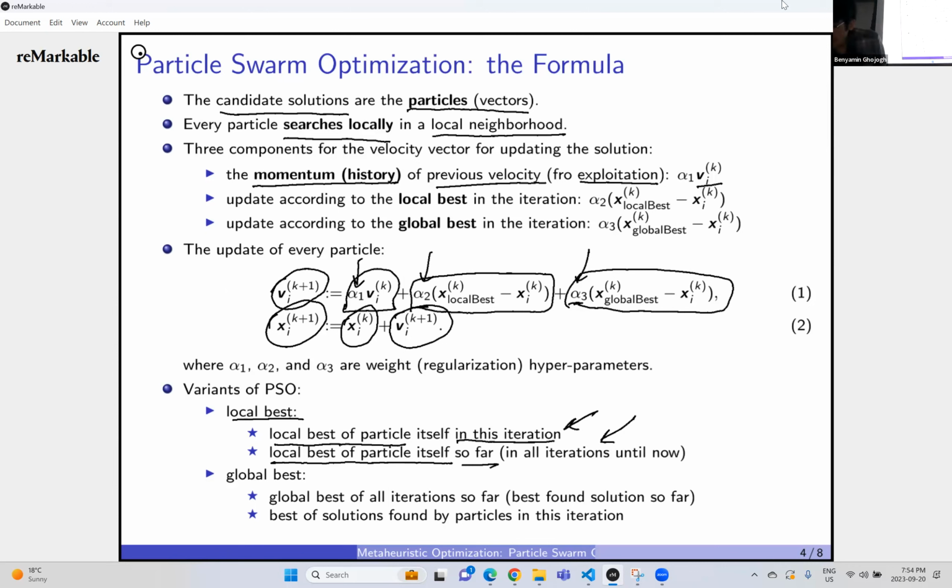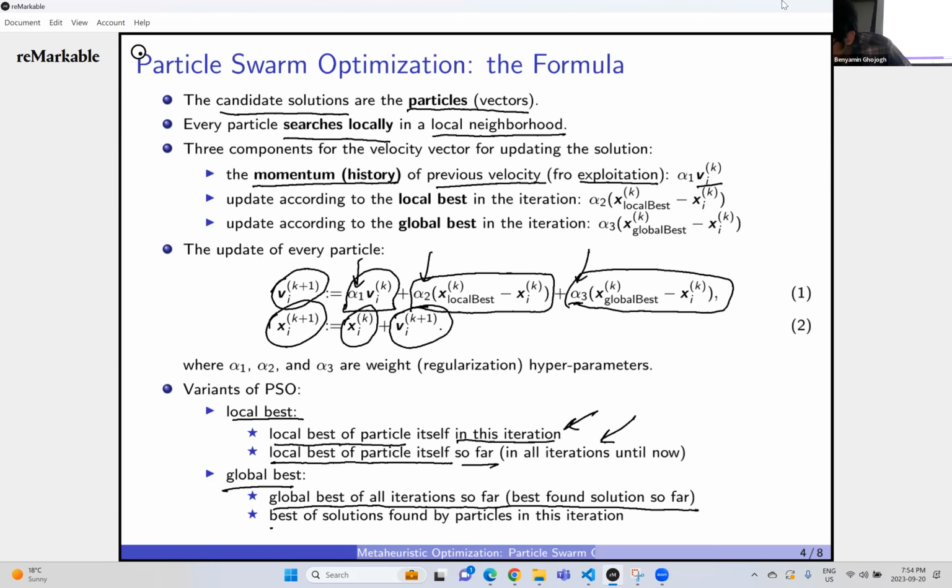Global best also can be interpreted in two ways. Global best of all iterations so far means best of best so far: best of me, best of you, the best of us. I found copper, plastic; you found gold, copper; you found diamond, copper, plastic. The best is the diamond.